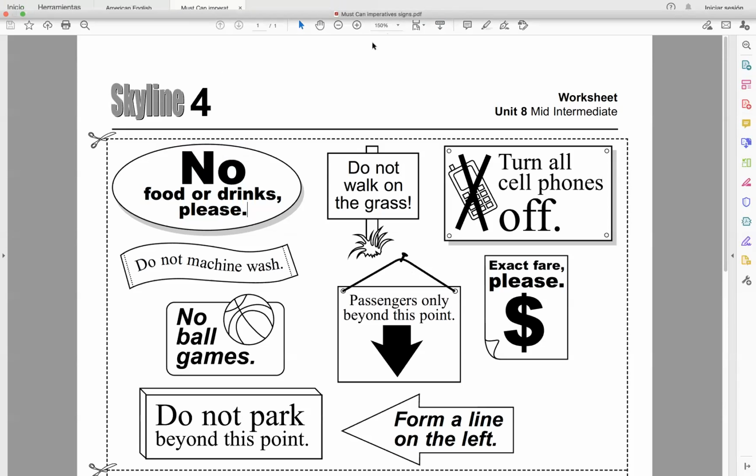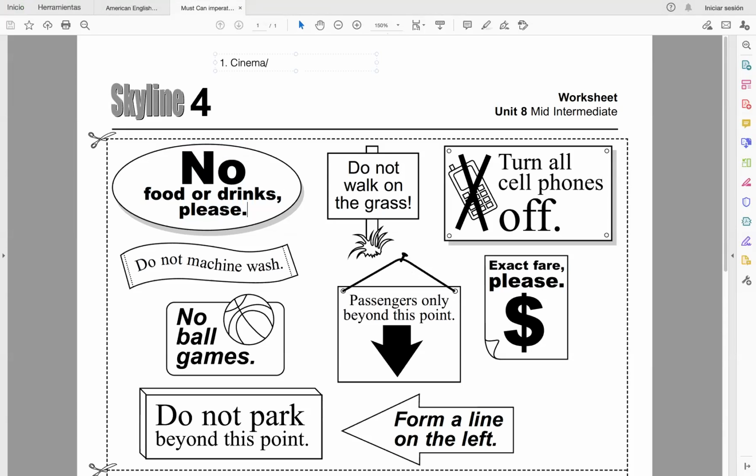Any idea? Cinema. Okay, so I'm gonna write it over here. Number one, we can find that sign, no food or drinks, please. It could be a cinema or a movie theater.